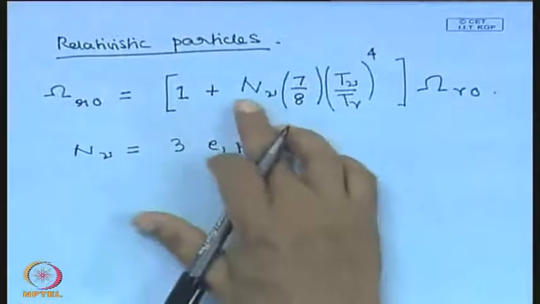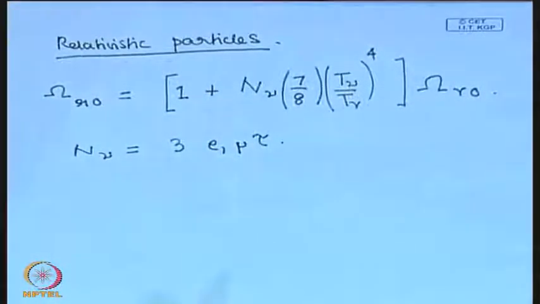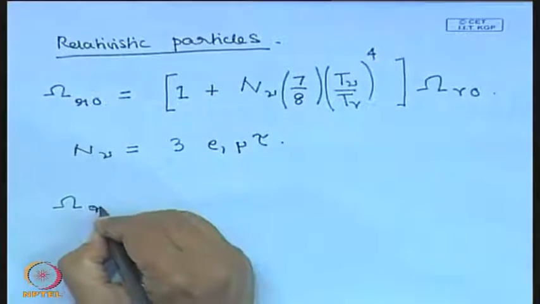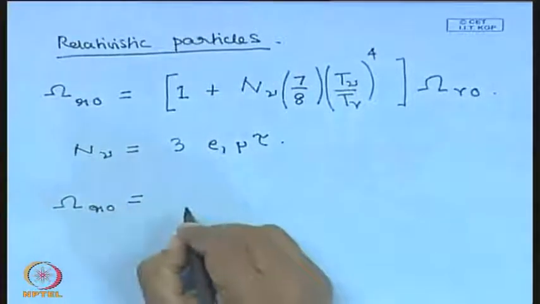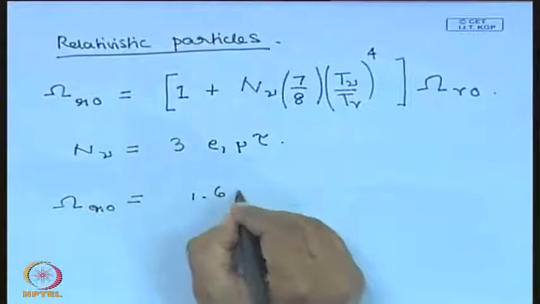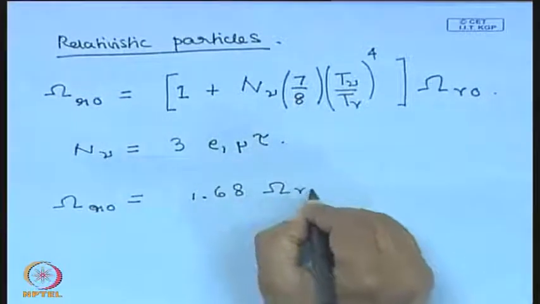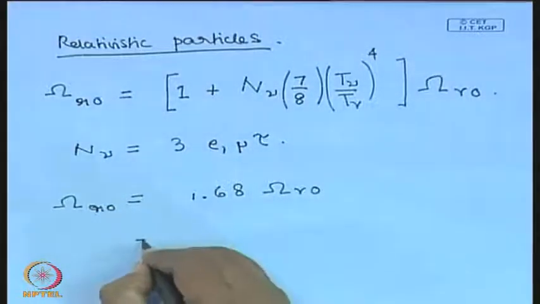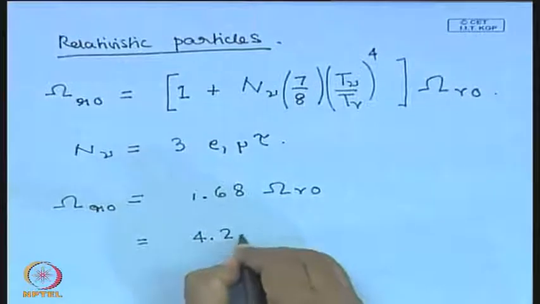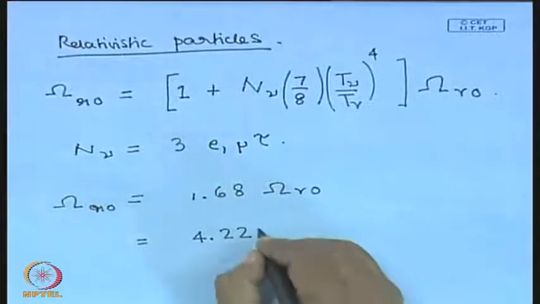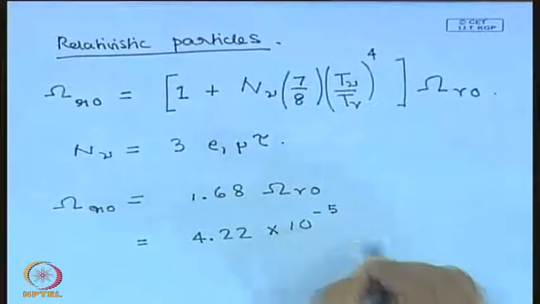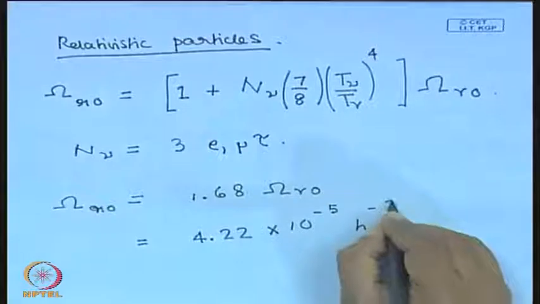So if you put in 3 here for n, then this comes out to be 1.68 omega gamma naught, and this is 4.22 into 10 to the power minus 5 h minus 2.